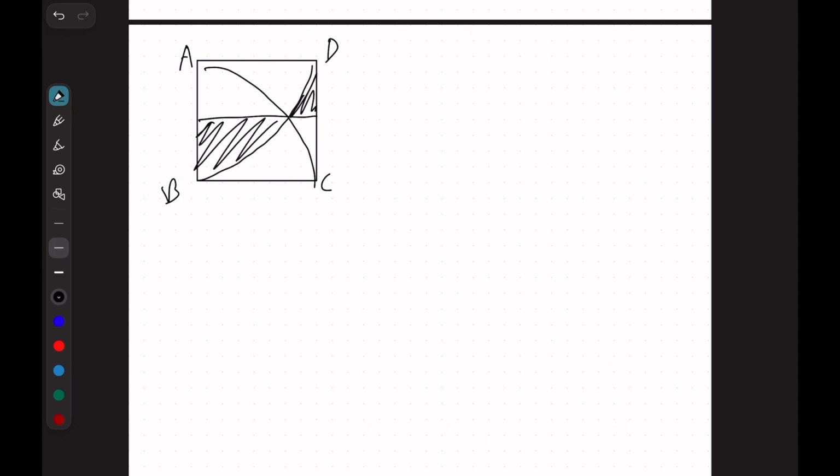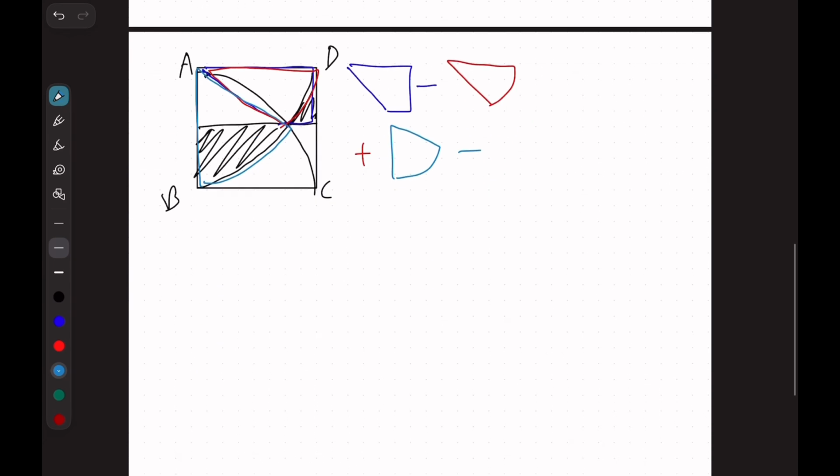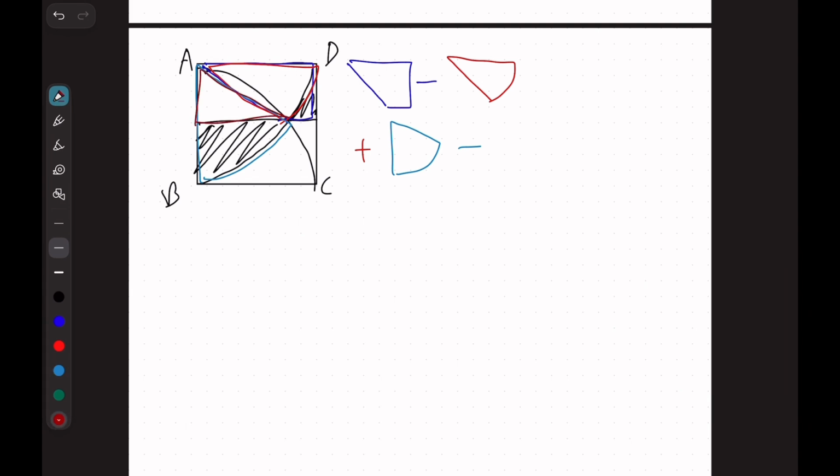this much. Now let's find the area of these colored parts. This area is this blue section minus this red part, plus this, minus this.